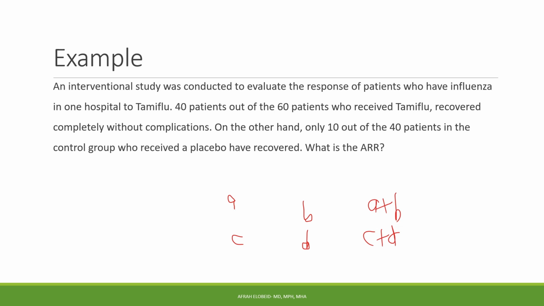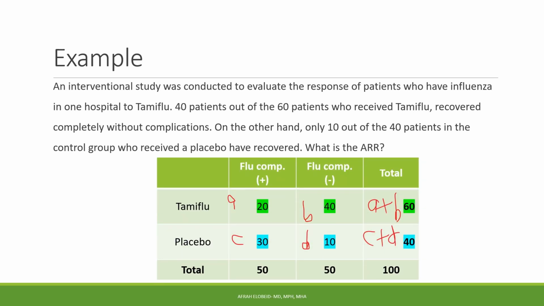Immediately we need a 2 by 2 table, and we need to fill in the numbers. I want to highlight one important piece of information that I have said before, but I will repeat it here: when you label your 2 by 2 table, try to put the outcomes in the columns, all the time. Put the outcome in the columns and the intervention or the exposure in the rows.